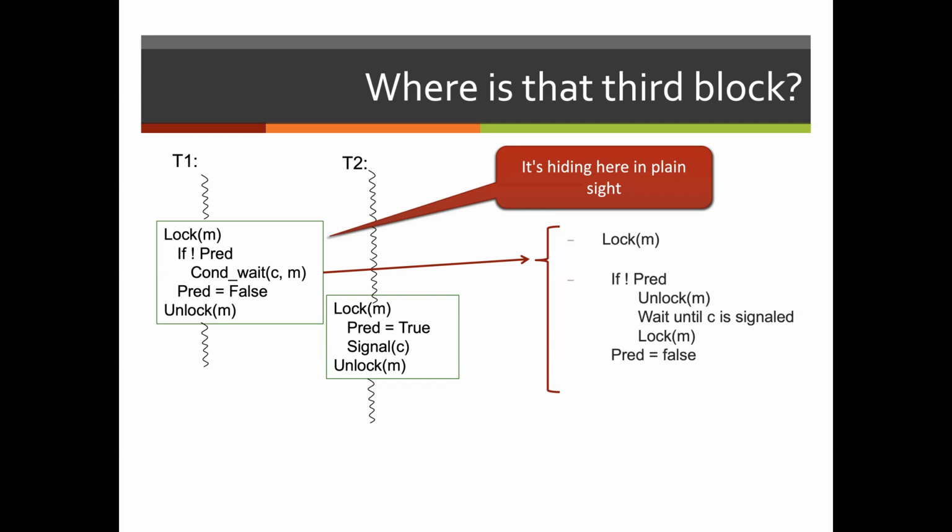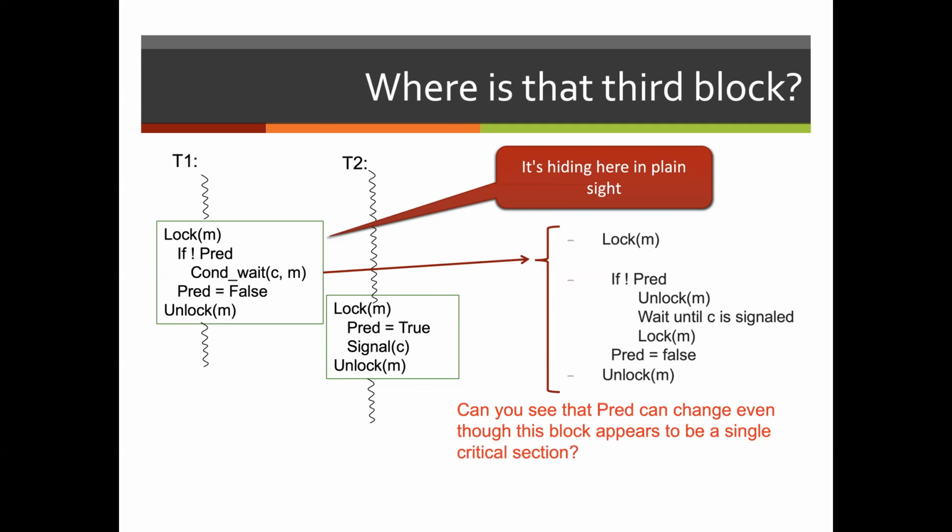And after the predicate is set to false, we unlock. And so the predicate can change even though this block is a single critical section. And so that becomes an issue that can affect appropriate implementation details in parallel programming.